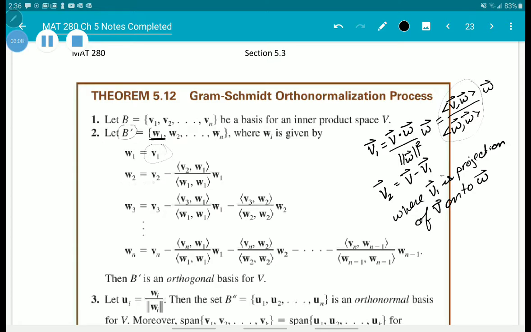W2 is going to be orthogonal to W1, and to find that, we're going to take V2 minus the inner product of V2 with that first vector over the inner product of W1 with W1. That's going to form a scalar value, and we're going to multiply it by W1. It's the exact same thing we did here when we found that vector. So same kind of concepts being applied there.